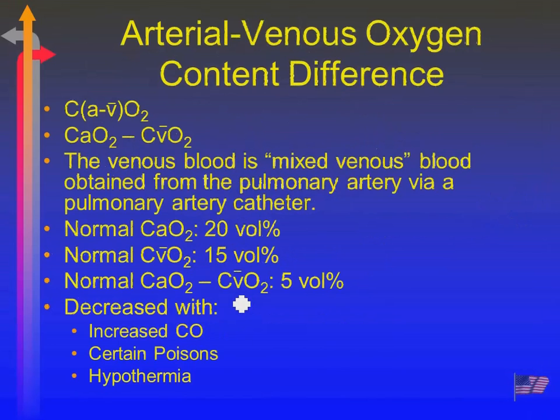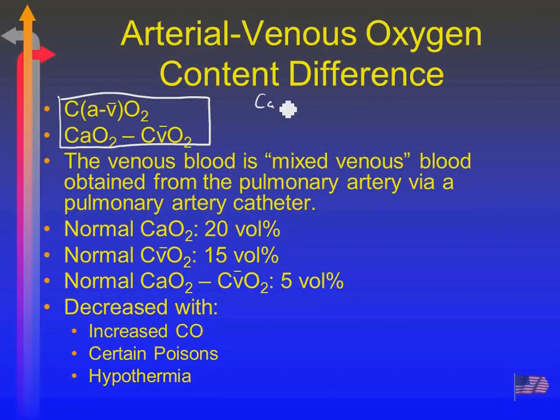Okay. So there's different ways that we can evaluate the supply-demand relationship. One is to look at the difference between the oxygen content in the arterial system and the oxygen content in the venous system. There are a couple different ways it's depicted: arterial minus venous, saying the same thing.